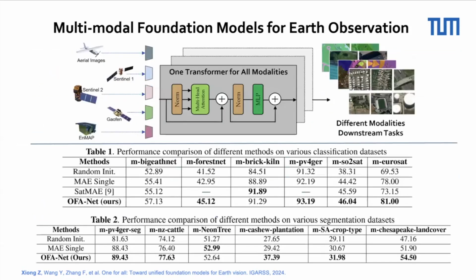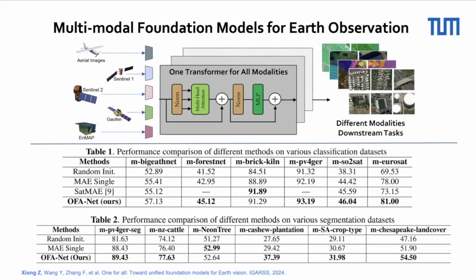And here we can see some experiments. We evaluate our pre-trained network on GeoBench. It consists of 6 classification datasets and 6 segmentation datasets. We are using linear probing for the classification datasets.